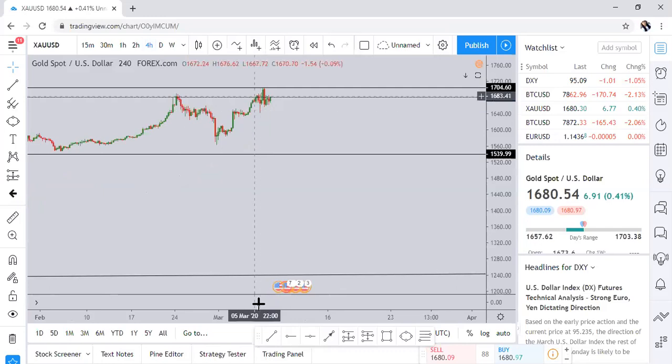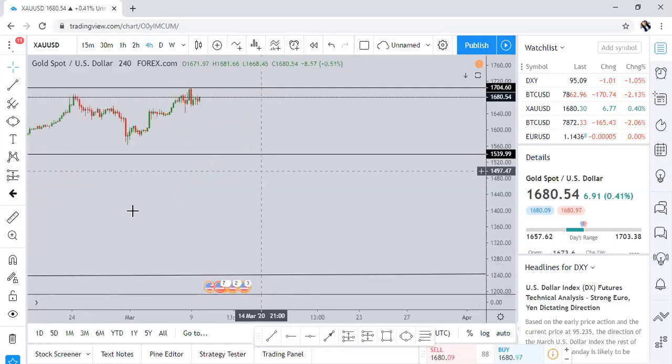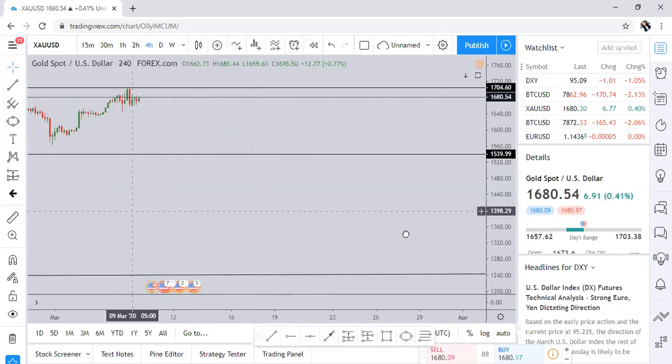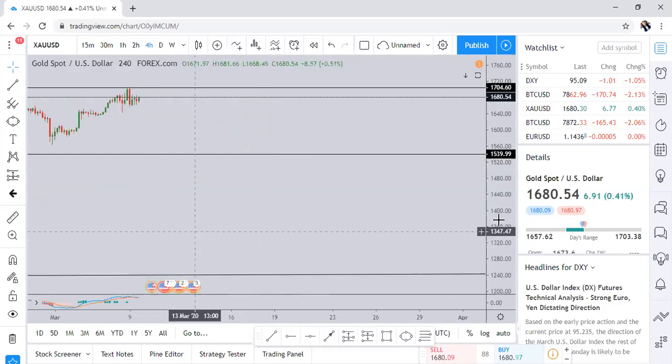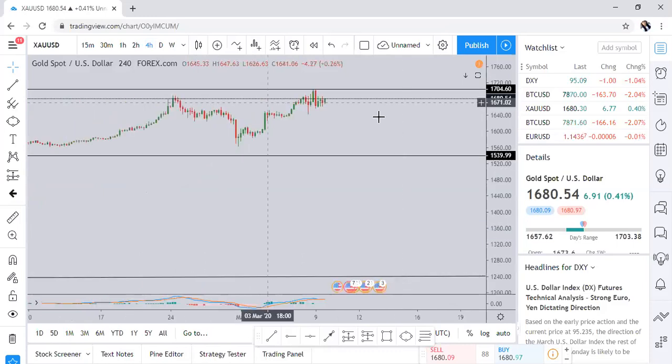Around here, it seems the market is consolidating.